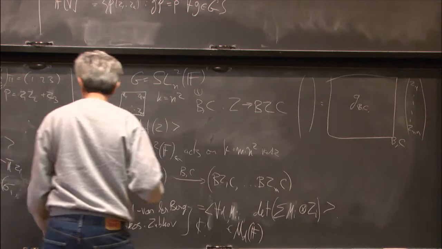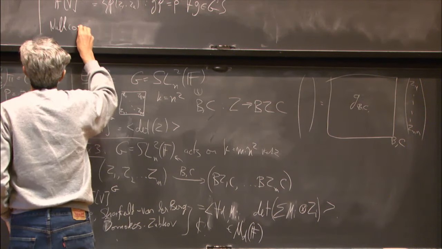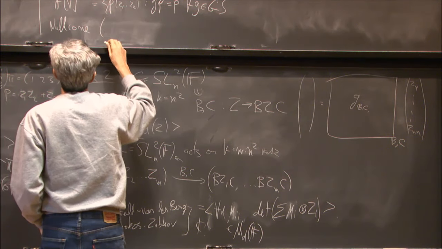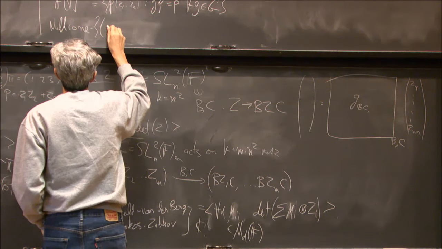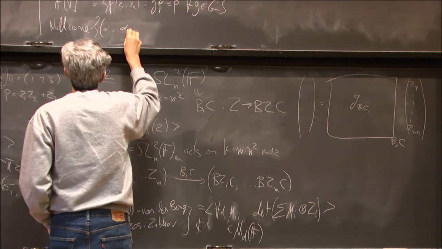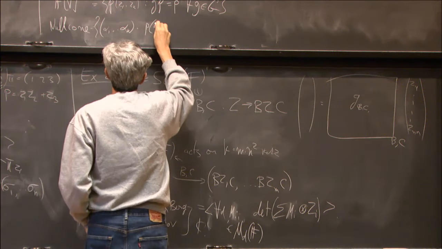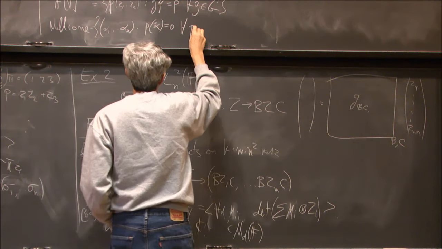So the null cone is another definition. It will not be important for us, but the null cone is all tuples, all values that you can think about here, all values to the variables. So maybe alpha 1 to alpha k, such that p of alpha is 0 for every invariant polynomial.